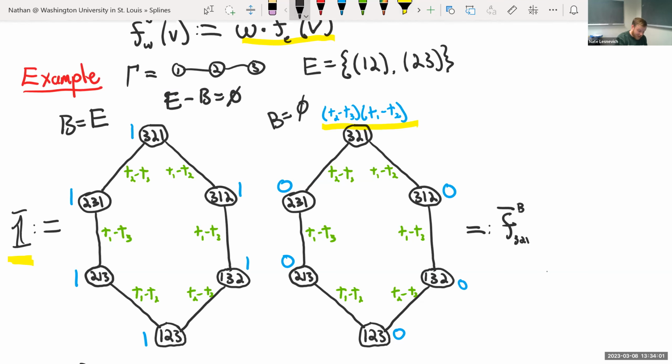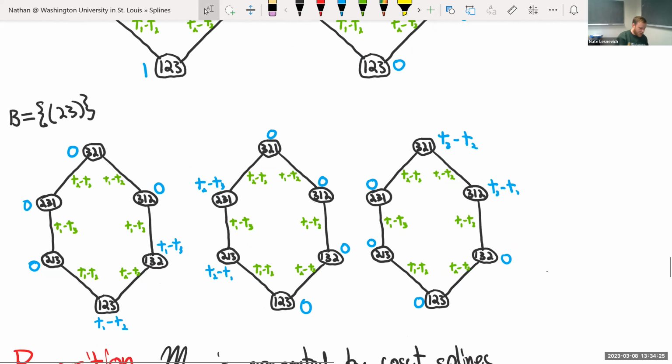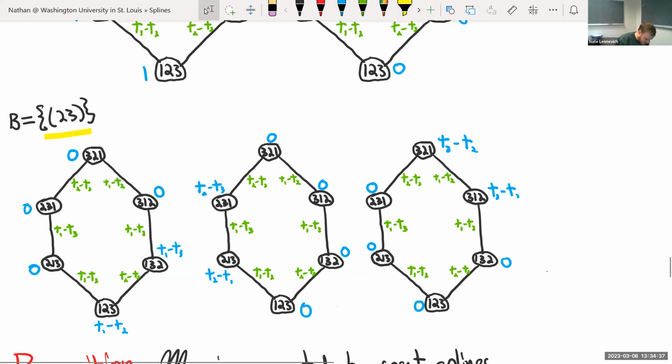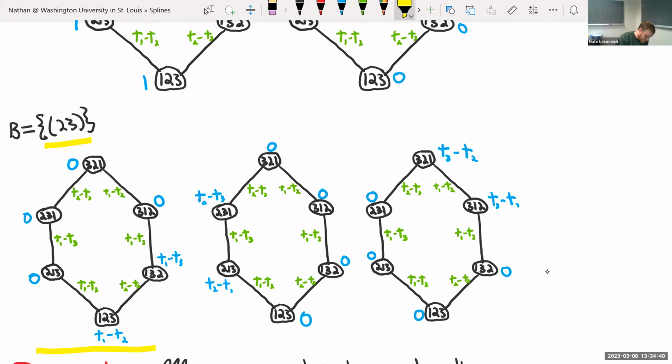I'm also taking the convention that the reflection subgroup generated by nothing is really the subgroup generated by the identity. Cool. So those are the 2 extremes, and in the middle, if we choose 2, 3 as our subset of edges, then one of the first examples that I showed you of a spline is our identity coset spline.